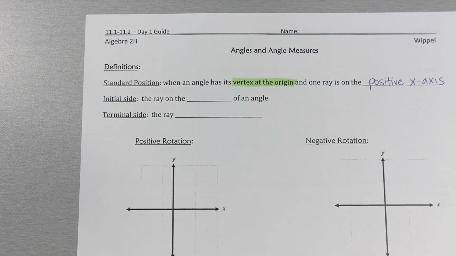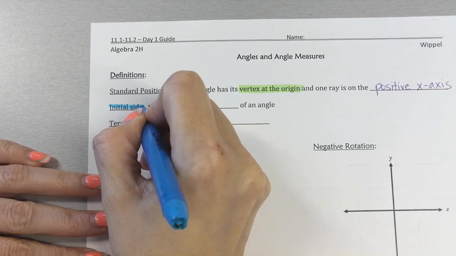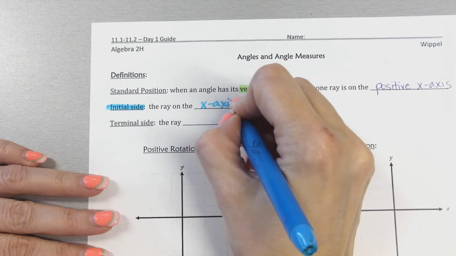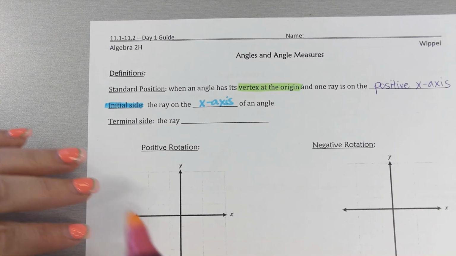Okay, and then we have what is called the initial side. And that is the ray that is on the x-axis of an angle. And then the terminal side is not on the x-axis.